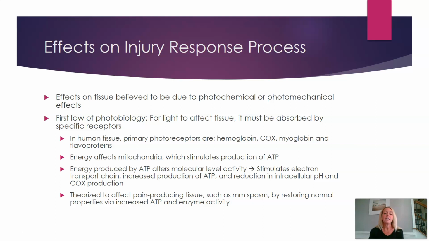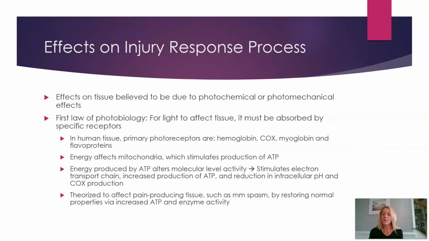So the energy that is absorbed by the light is going to affect mitochondria, which are, remember, our cellular powerhouses. That's going to stimulate the production of ATP. With the production of ATP, we can have alterations in molecular level activity. It can stimulate the electron transport chain. It can increase the production of ATP or local energy, so increase local metabolism. It will reduce local pH and reduce COX production.